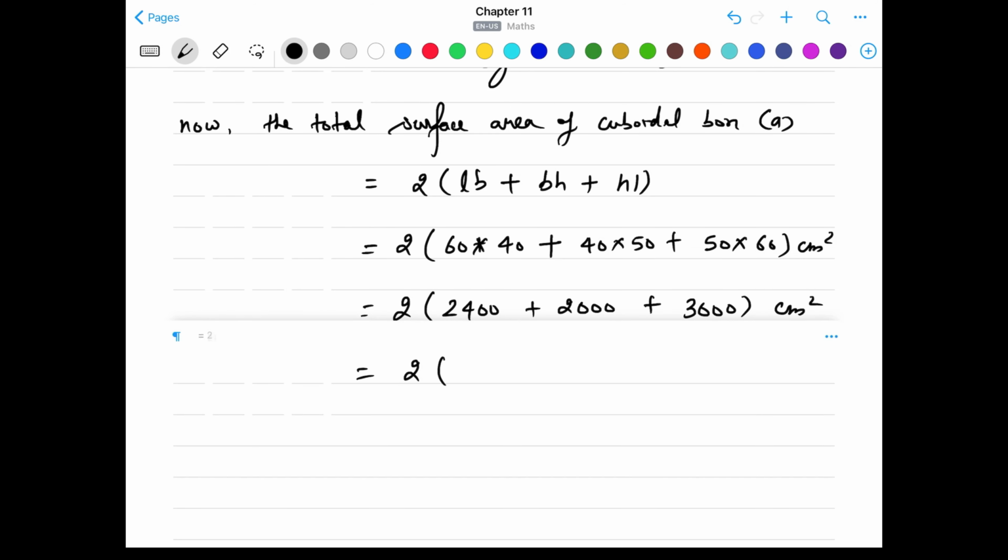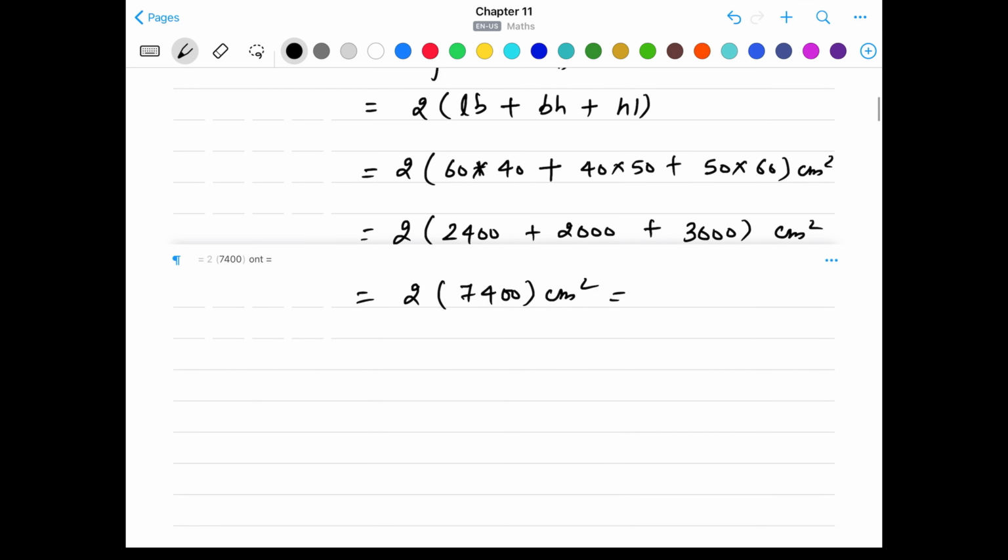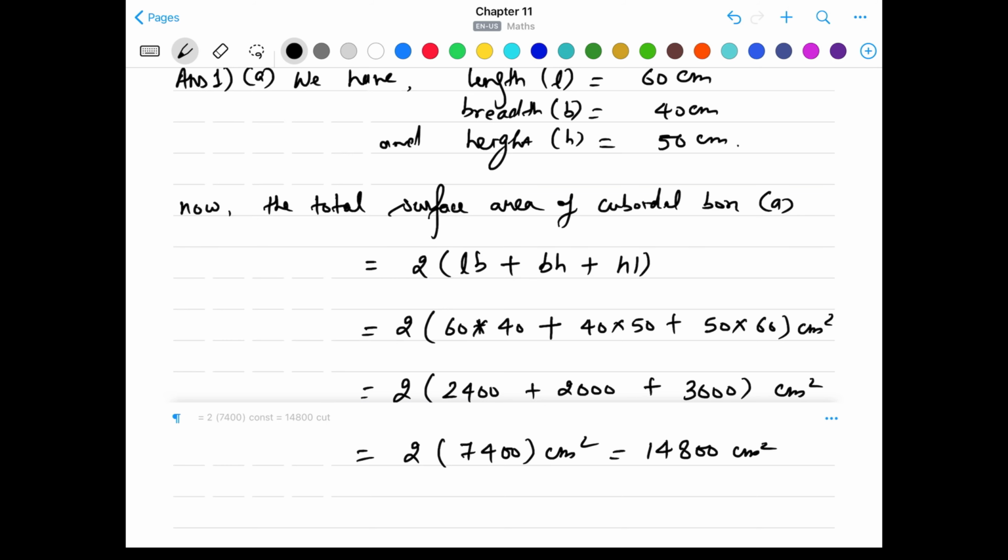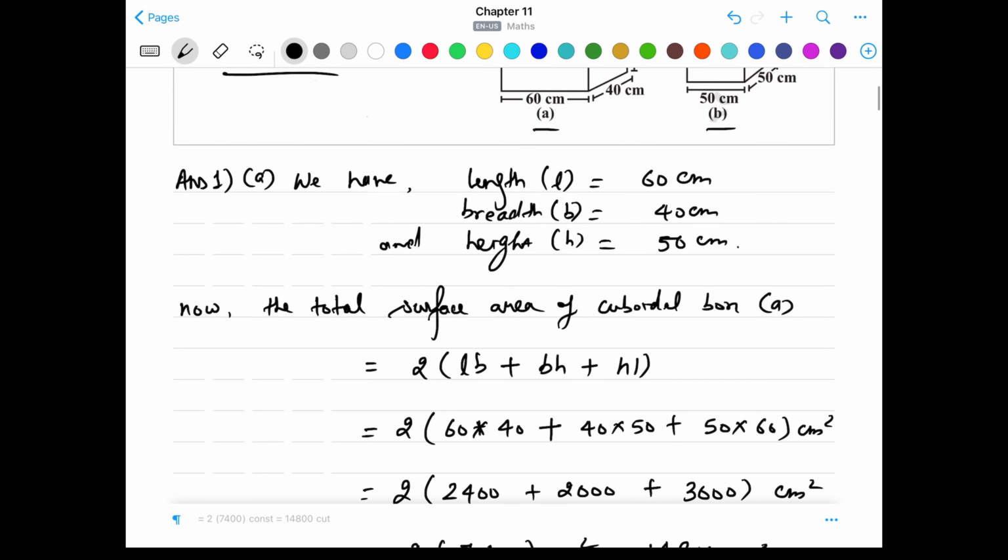Now let's add all the numbers inside the bracket. 3000 plus 2000 is 5000, 5000 plus 2400 is 7400 centimeter square. After multiplying by the two, we get the result as 14,800 centimeter square. So this is the total surface area of the cuboidal box A.